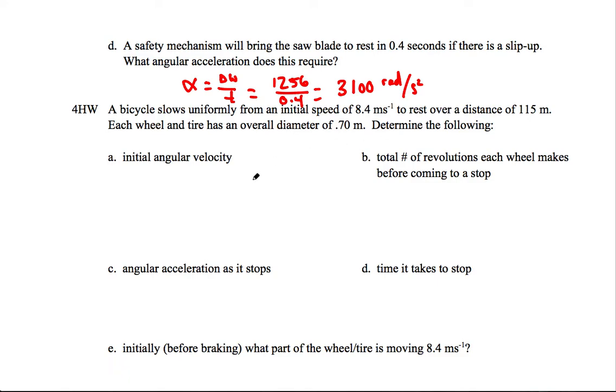Number 4 is a bicycle that slows uniformly from an initial speed of 8.4 meters per second to rest over a distance of 115 meters. So initial linear velocity, 8.4 meters per second.